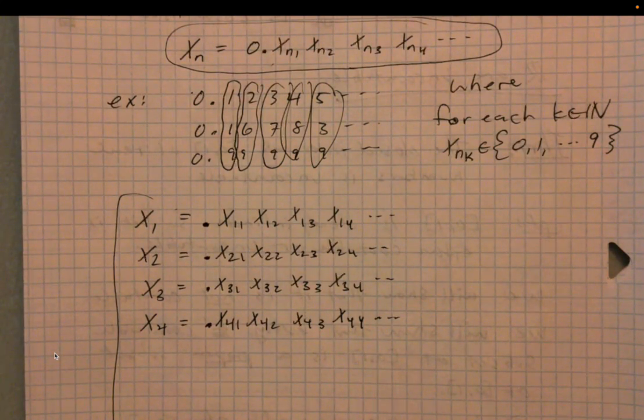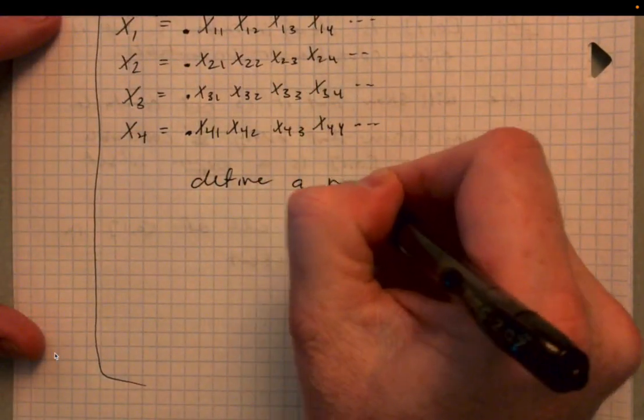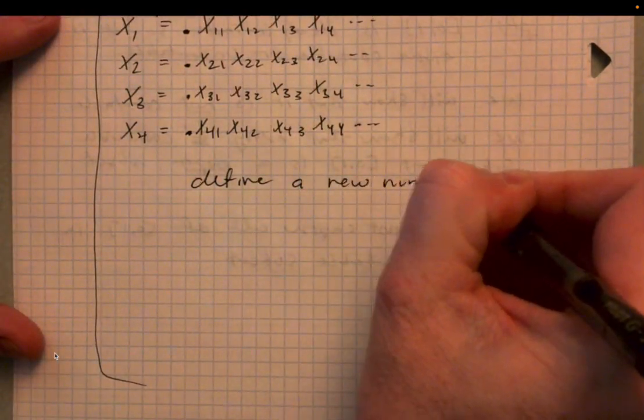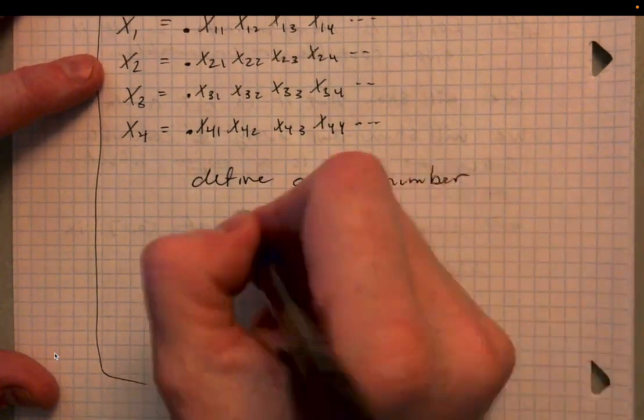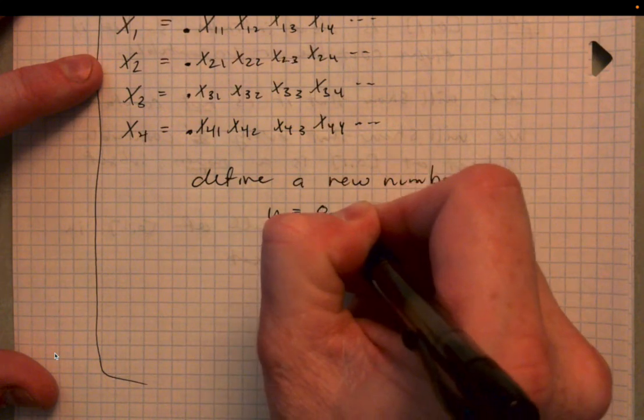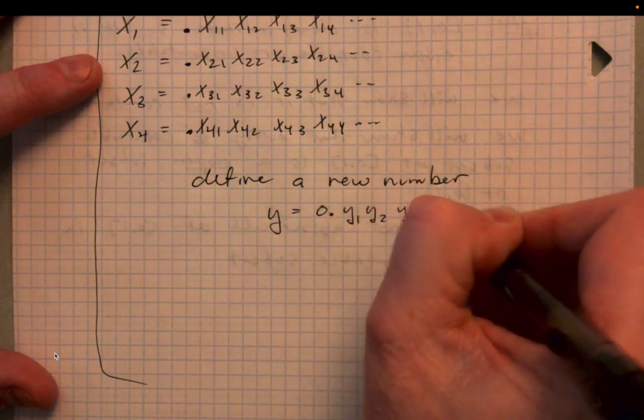All right, very good. Now, what we're going to do is define a new number. Let's define a new number y equals 0.y1, y2, y3, y4, and so on.